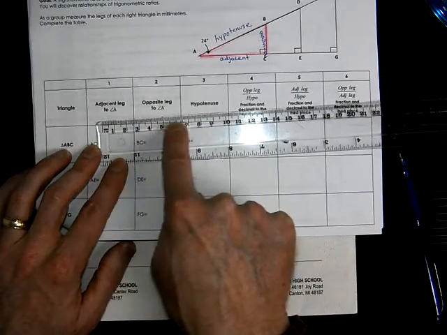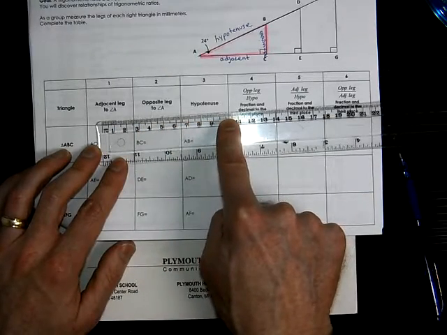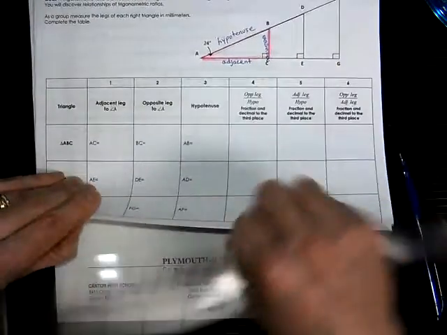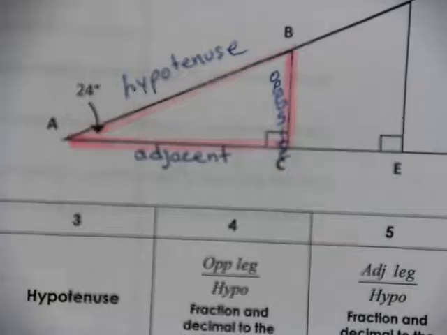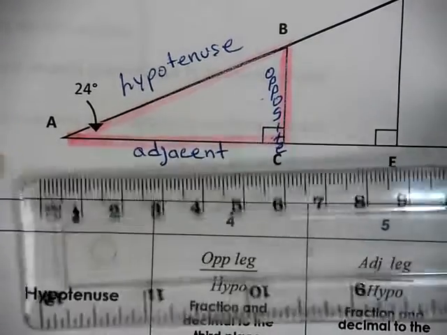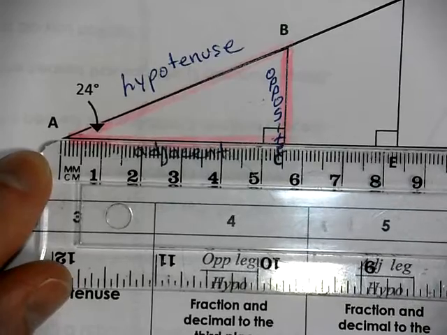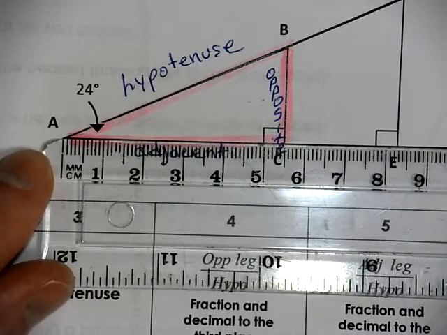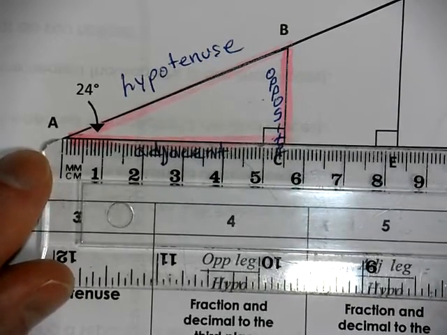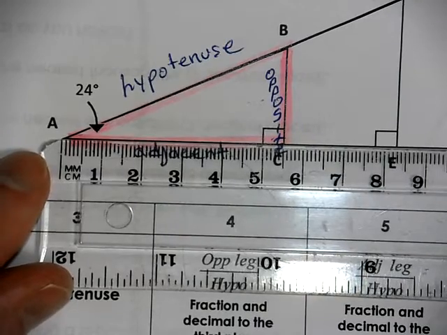The tick marks in between the centimeters are the millimeters. So we're going to zoom in. And to the best that you can, you need to be as accurate as possible for these numbers to come out well.